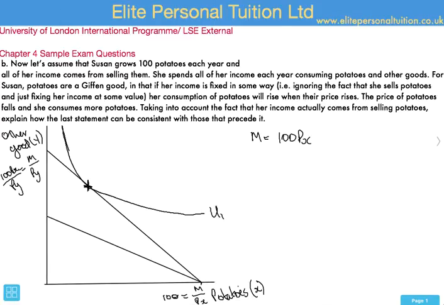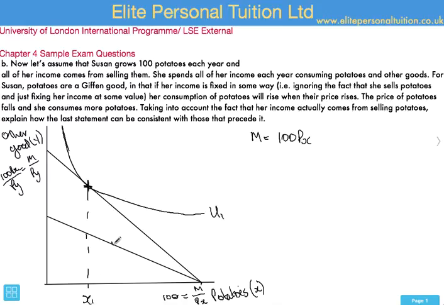Then we need to draw on a new utility line. Well, the question says that it actually makes her consume more potatoes, so we're going to make sure that our new optimization bundle allows us to consume more potatoes. So essentially, if this is the original amount of potatoes that we consume, we need to make sure that we are to the right of this point.